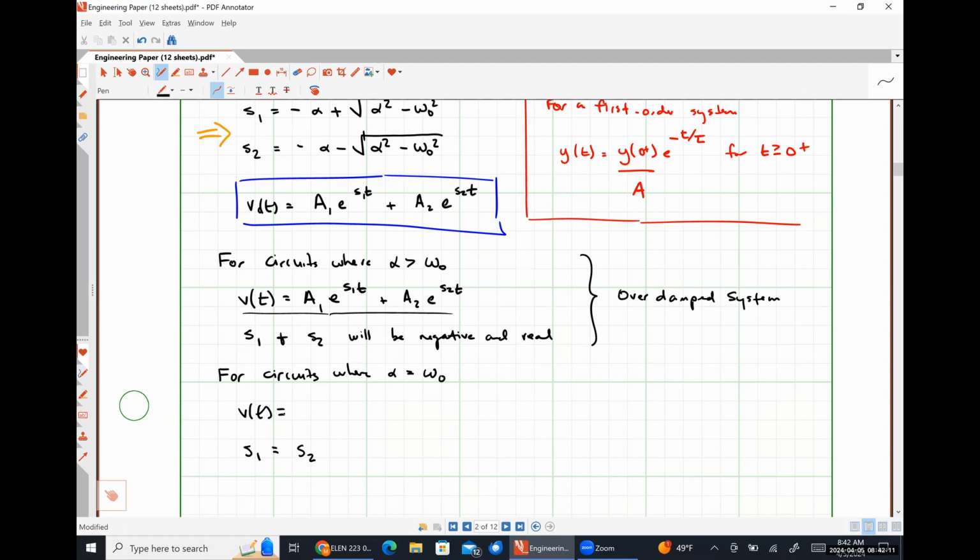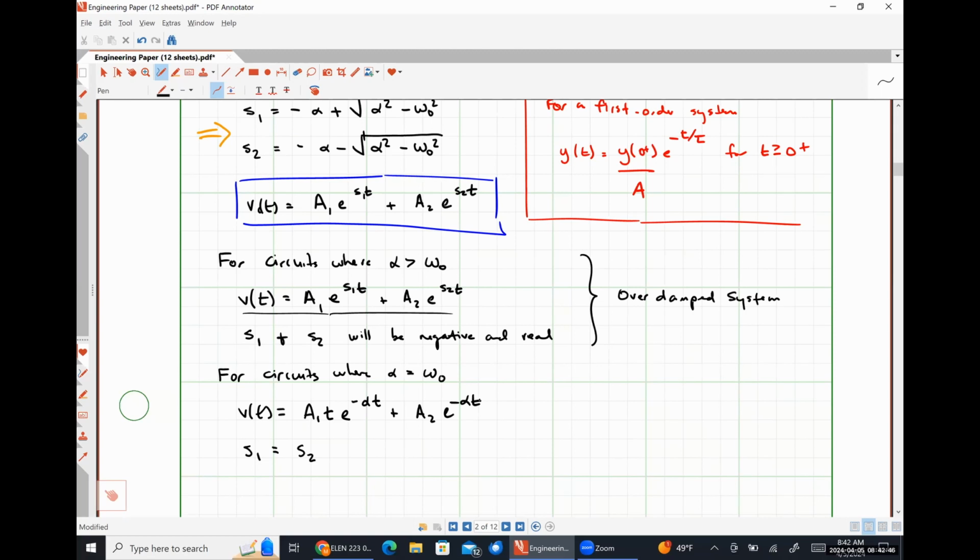We're going to have A1 t e to the negative alpha t plus A2 e to the negative alpha t. And so that extra factor of time there on the first term is enough to break this up and make both initial conditions important.